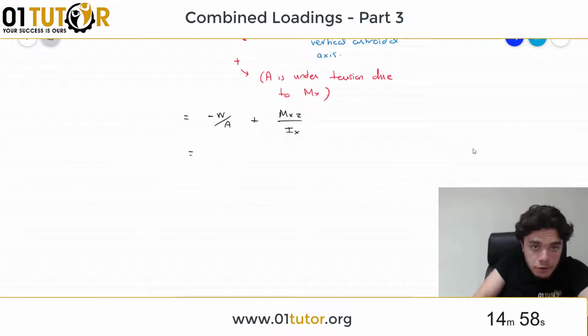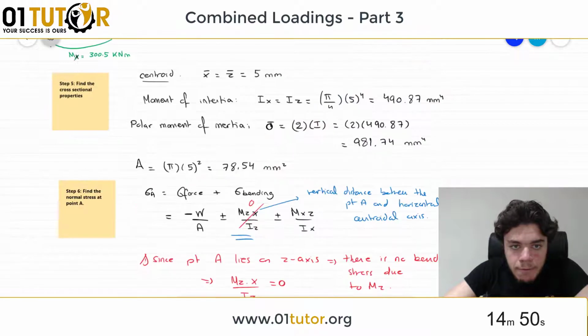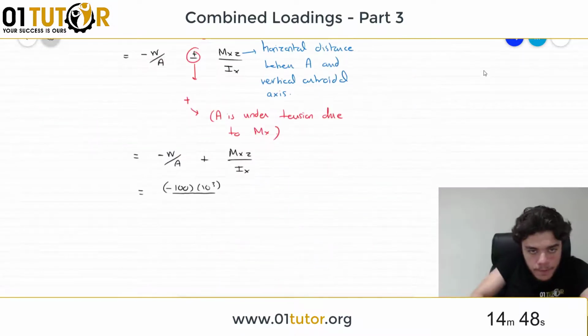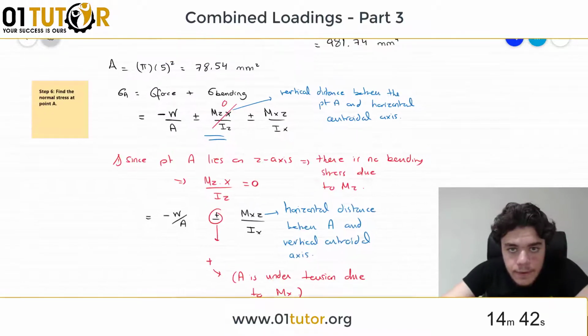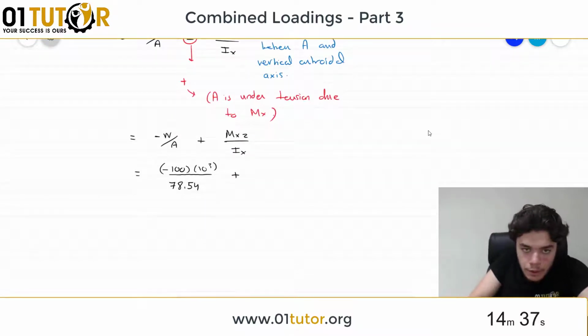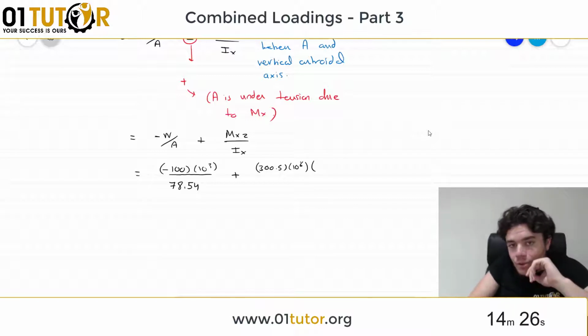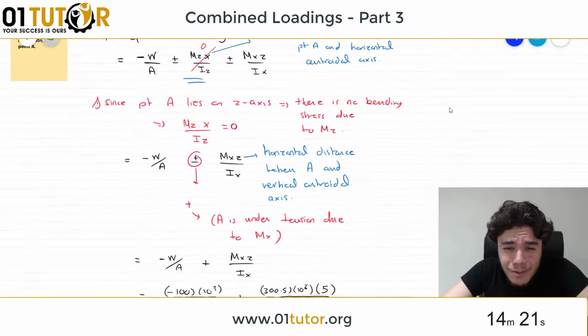What's W? W is 100 kilonewtons, so minus 100 multiplied by 10 to the power 3 to change it to newtons, over the area, which we calculated in step 5, equal to 78.54, plus Mx, which is given in kilonewton meters, so we have to change it to newton millimeters: 300.5 multiplied by 10 to the power 6, multiplied by z, which is 5 millimeters, over Ix, which we calculated earlier to be 490.87.